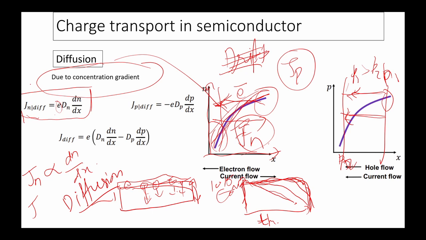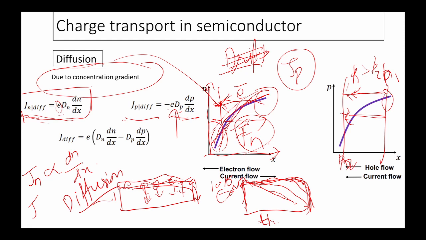This is the equation for Jn diffusion. In the same way, the hole diffusion current is given by minus e Dp dp by dx. Here Dp is the diffusion coefficient of holes, and Dn is the diffusion coefficient of the electrons.